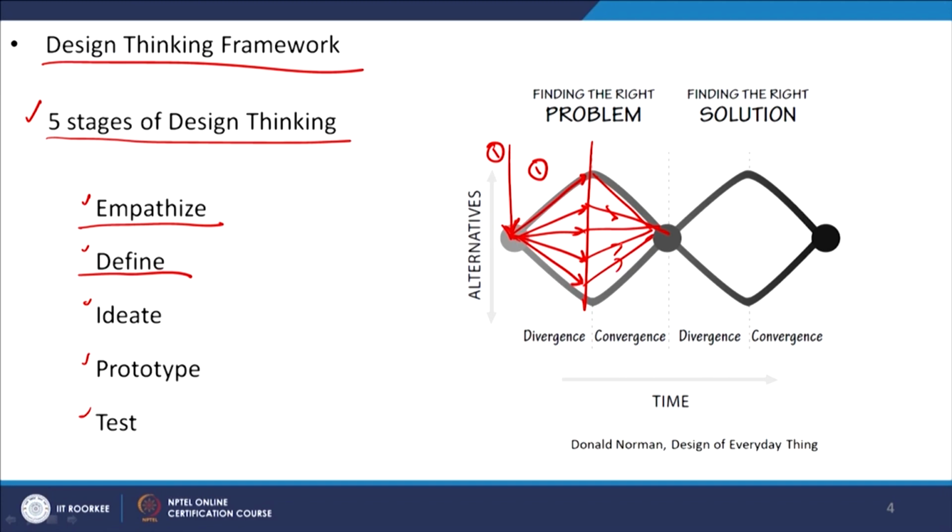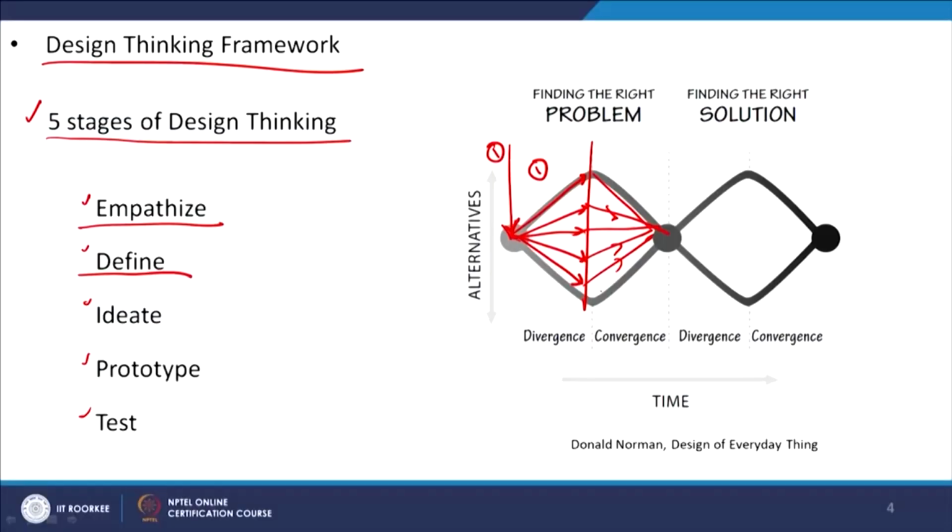So defining the exact problem, looking from the user's perspective, understanding the user's need through ethnographic survey and user survey. This is stage number 2, which is define. This is what comes within finding the problem.